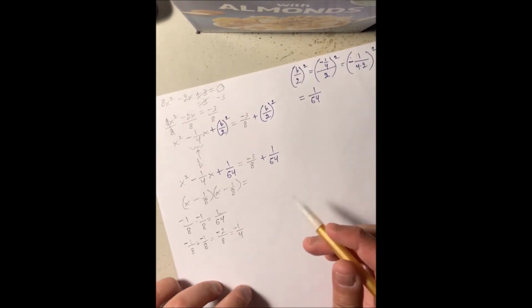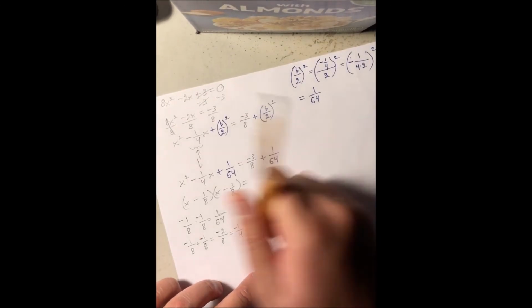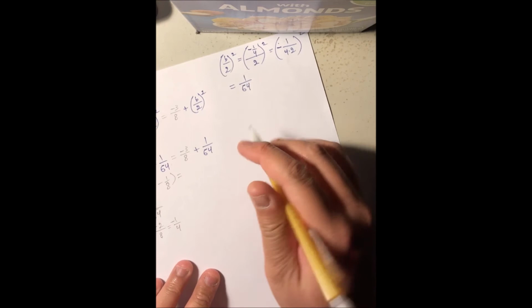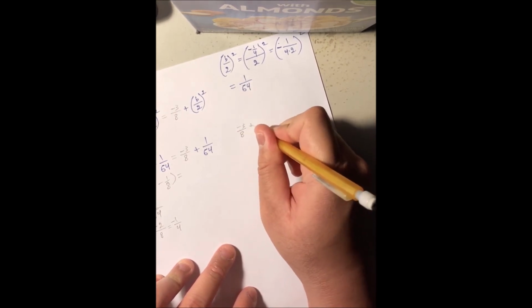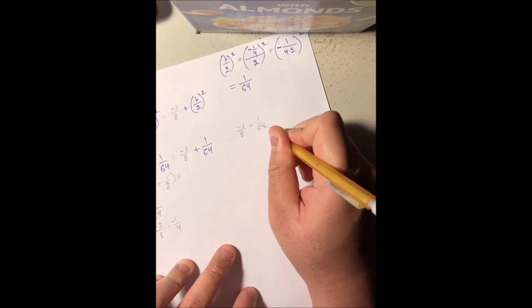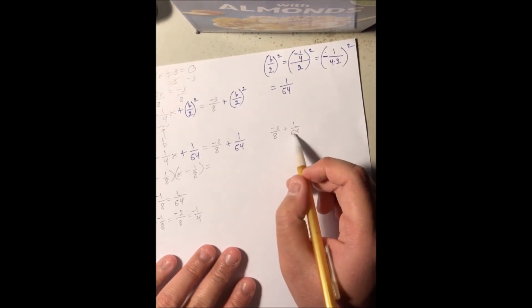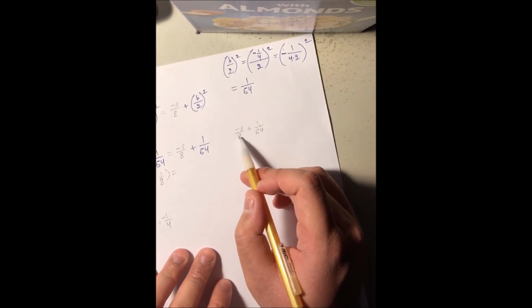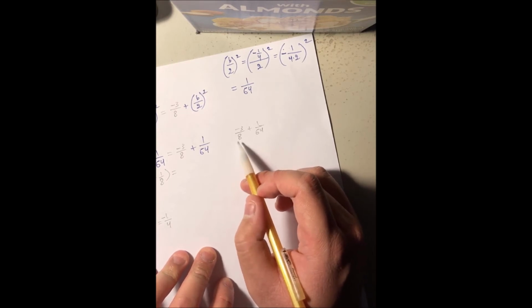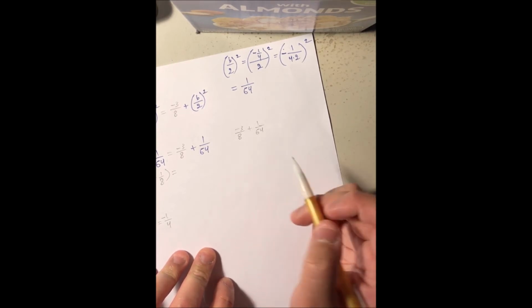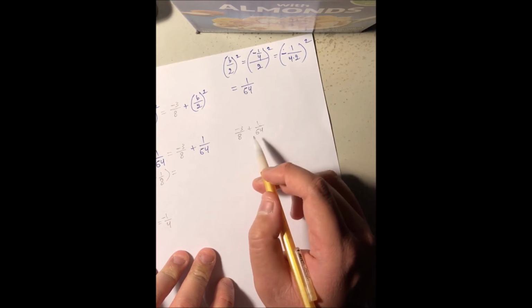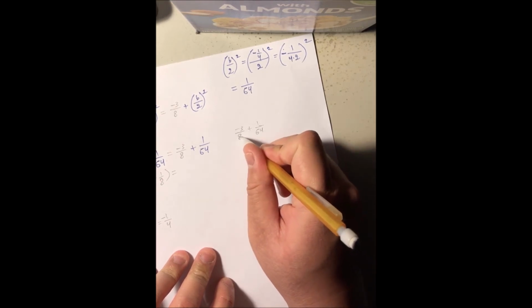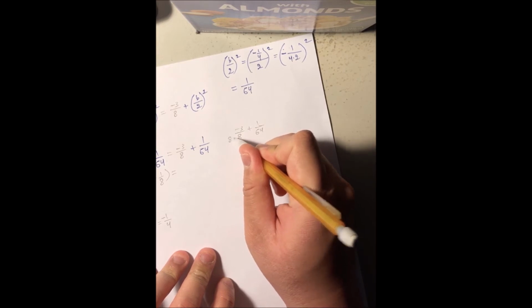What about the right hand side? Well, let's see. For the right hand side, I got negative 3 over 8 plus 1 over 64. Comparing the two denominators, the smaller denominator, 8, is actually one of the multiplicative factors of the larger one. So I can go ahead and convert the smaller one into the larger one, 64, by simply multiplying this by 8.